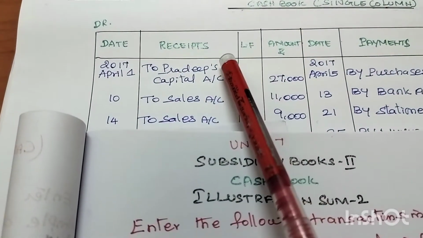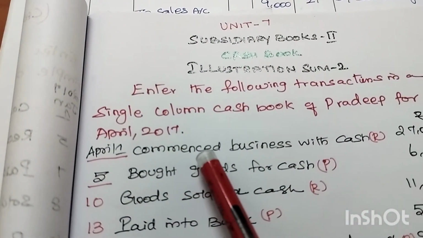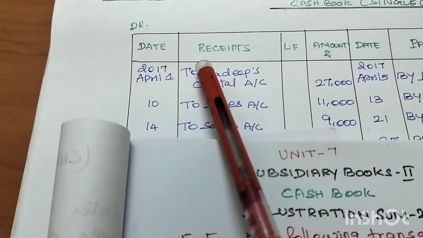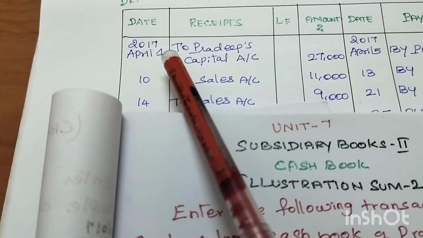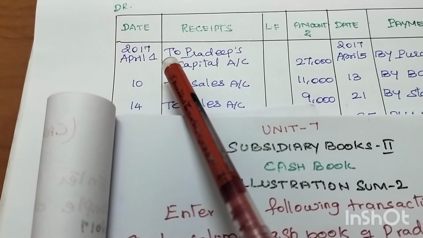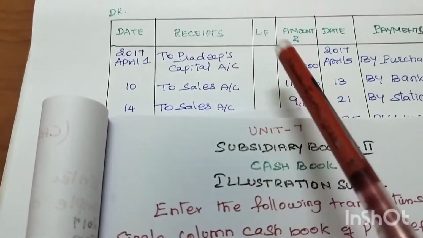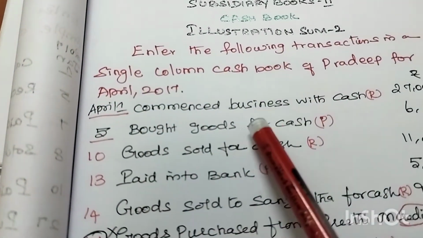The opposite account from the cash account is Pradeep's capital account. So on April 1, 2017, we always start with the word 'To' on the debit side: To Pradeep's capital account, 27,000 rupees.